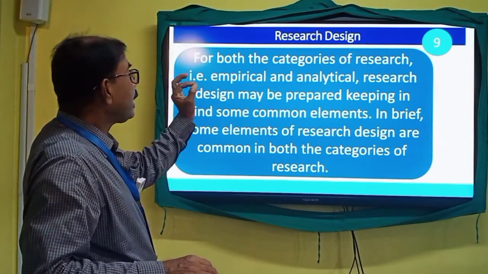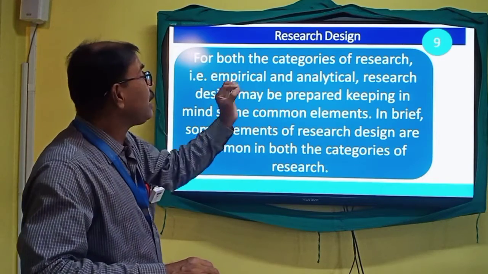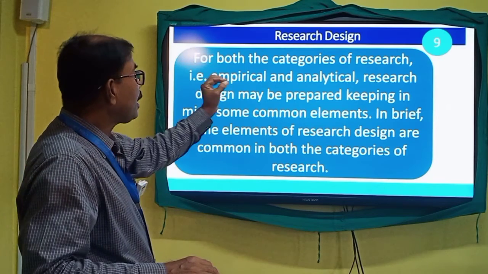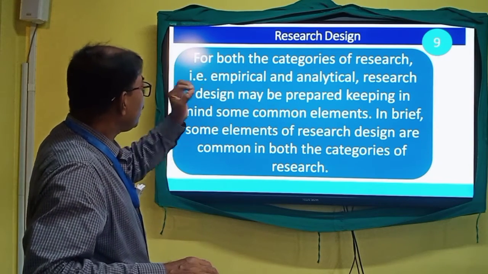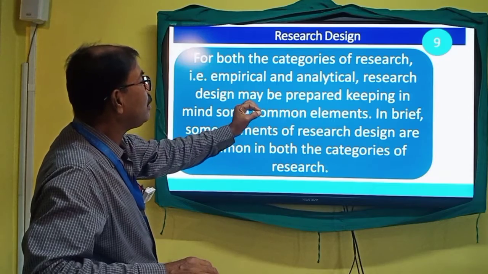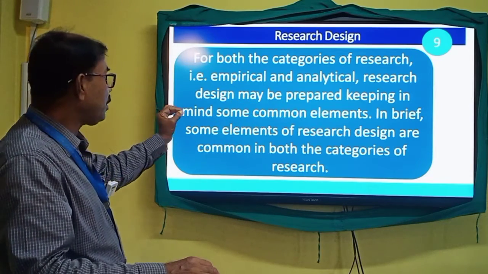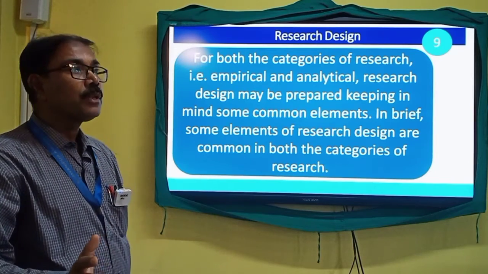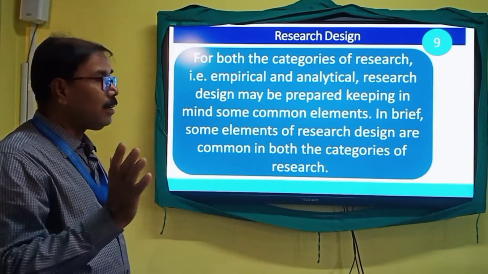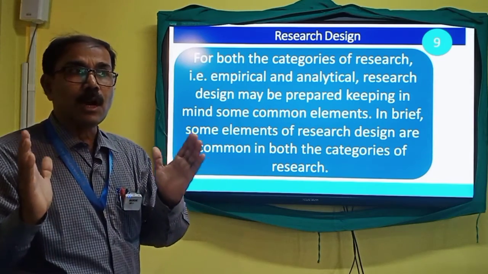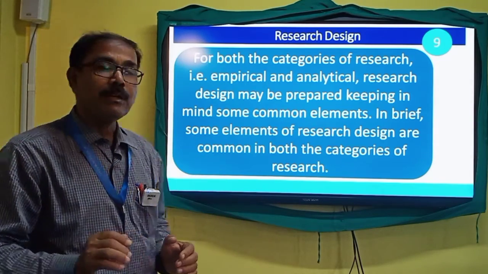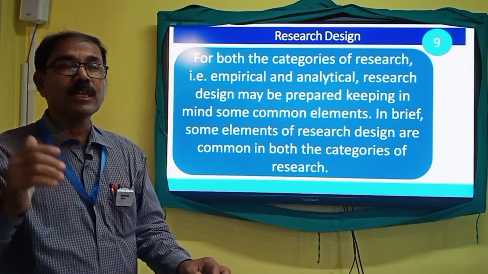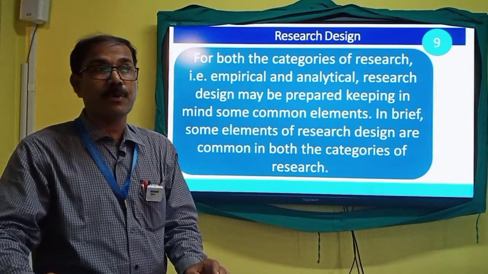For both the categories, that is empirical as well as analytical research, the research design may be prepared keeping in mind some common elements. Though there are differences in approaches, still we can find some common elements when we study various designs which have already been prepared by researchers for conducting different researches.